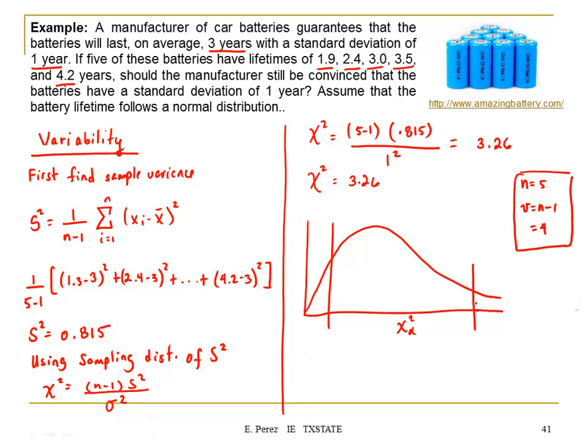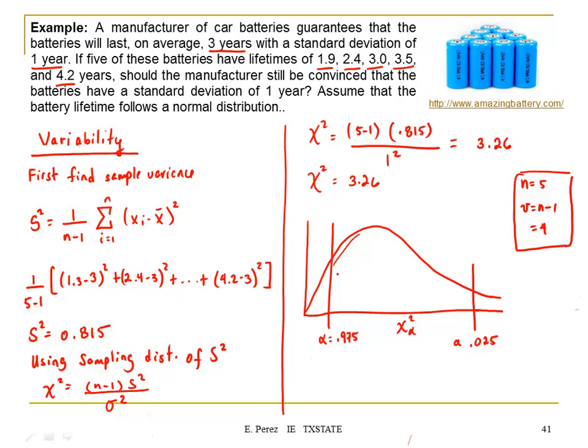So, remember initially when we started discussing the sampling distribution for the sample variance, we said that 95% of the chi-square is within alpha 0.975 and alpha 0.025.